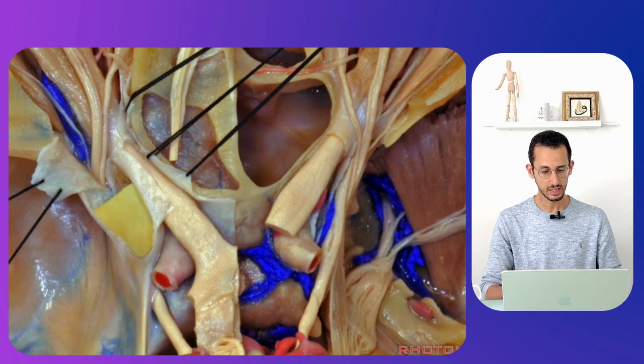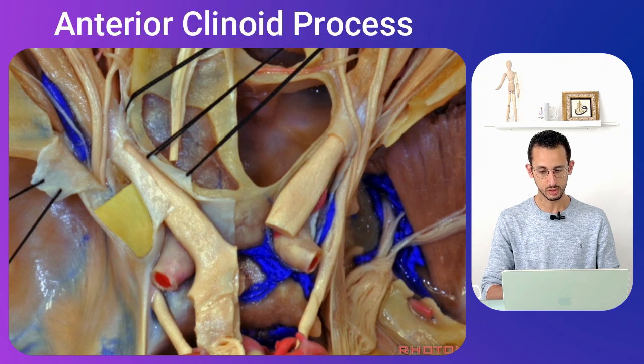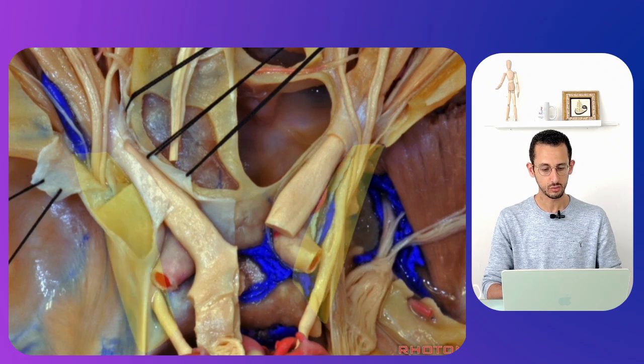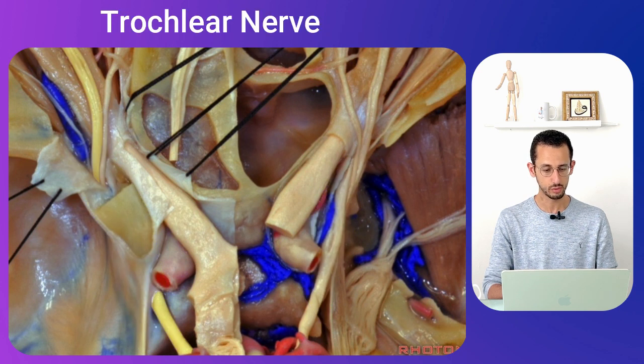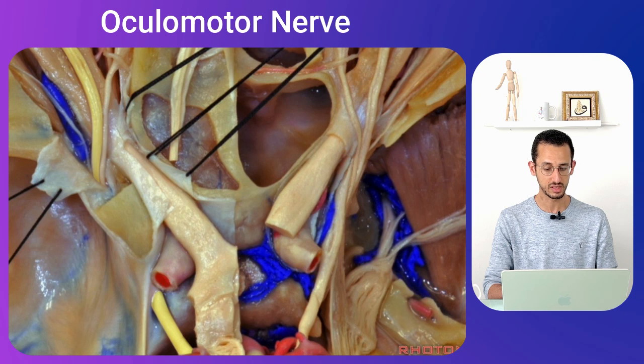We can see the anterior clinoid process, which contributes to the lateral wall of the optic canal and the roof of the cavernous sinus. And when drilling the anterior clinoid process to open the lateral part of the optic canal, the superiorly coursing trochlear and oculomotor nerves can be injured.